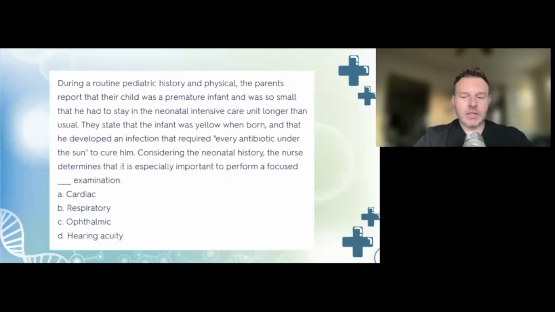Okay, so the correct answer on this one is going to be D, hearing acuity. Risk factors for hearing problems include low birth weight, non-bacterial infections, and excessive high bilirubin. We can surmise that they had some bilirubin issues because they said that the baby was yellow when born.